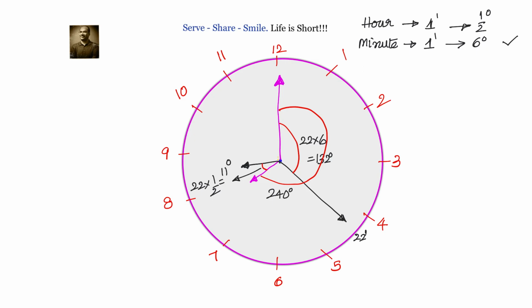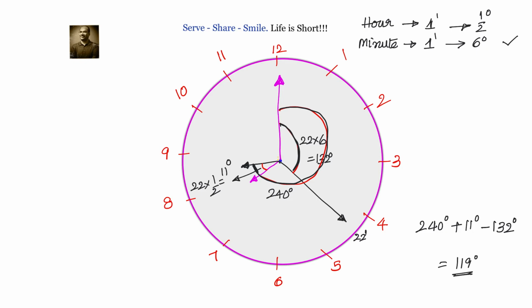So what we want to know now is 240 plus 11 minus 132. So 240 degrees plus 11 degrees minus 132 degrees will give us 119 degrees.